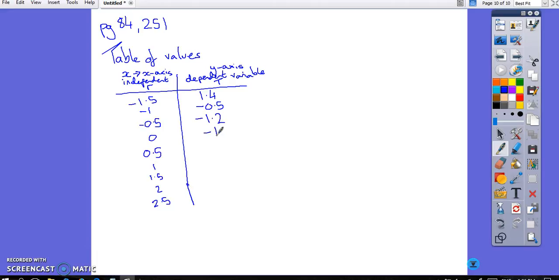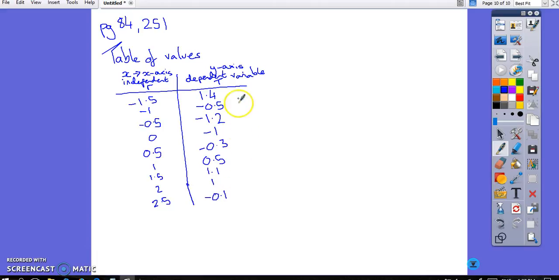At 0.5, we've probably got about negative 0.3. At 1, we go through 0.5. At 1.5, we have about 1.1. At 2, we have exactly 1. And at 2.5, we probably have negative 0.1, let's say.